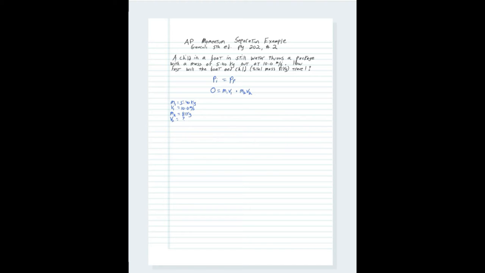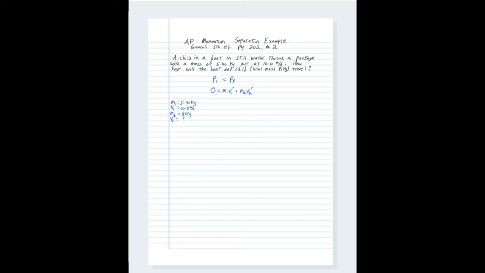Now, one of the things I like to do also, and I didn't write it yet, was put a prime on the velocities here, because the velocity we're talking about is after the interaction occurs. So I use the prime notation to denote that it's after the interaction, not before, and I'll put that here as well on the V2. Okay, so ultimately we're looking for V2 prime.